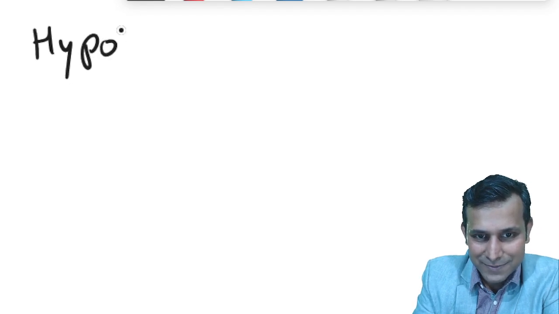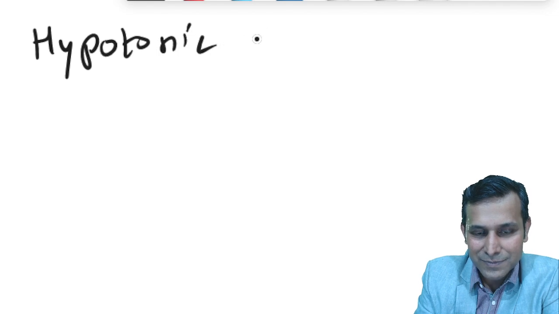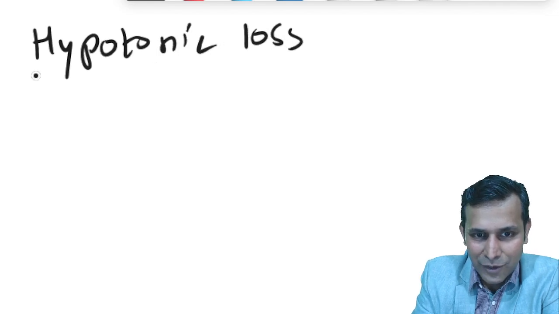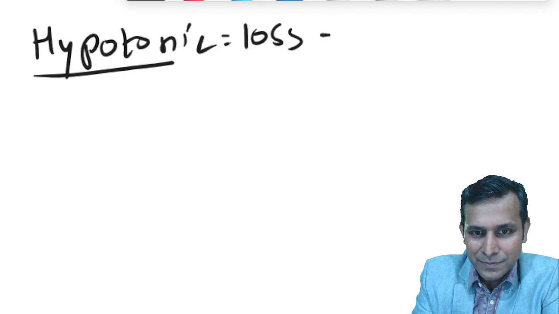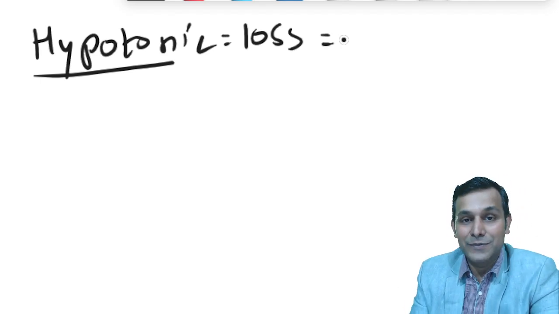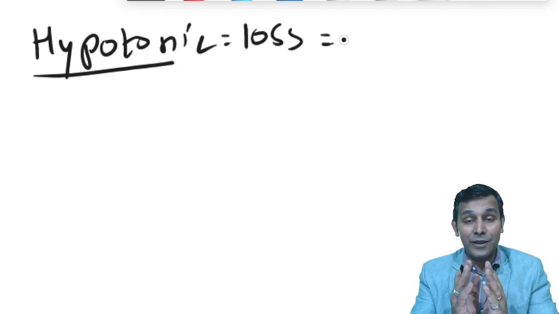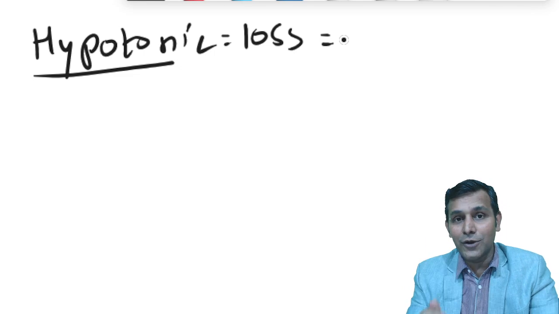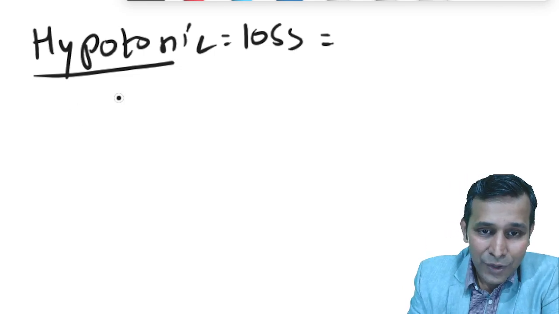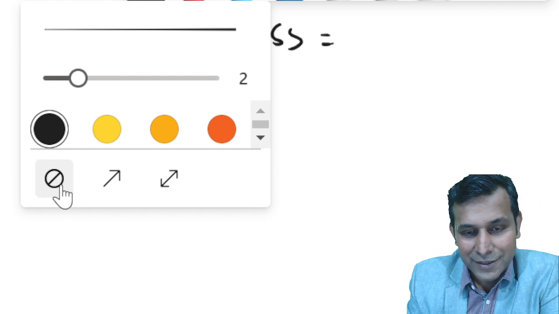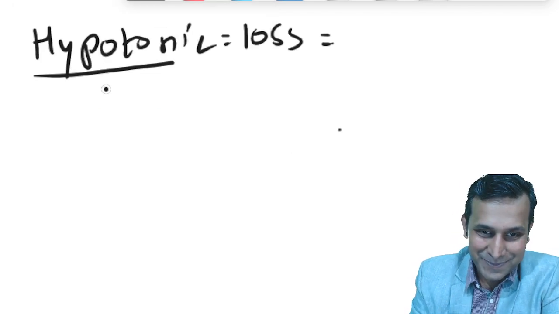Hypotonic loss means there is a loss of more water and salts are remaining in the body. Salts are not lost. So again, I will discuss the clinical case at the end of the plot.